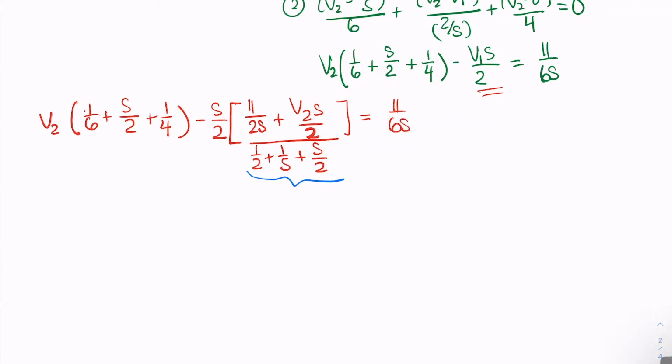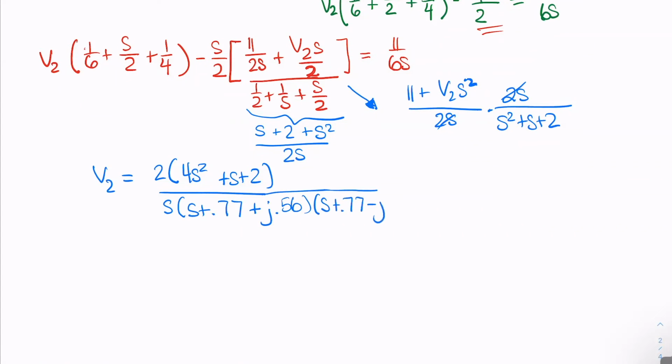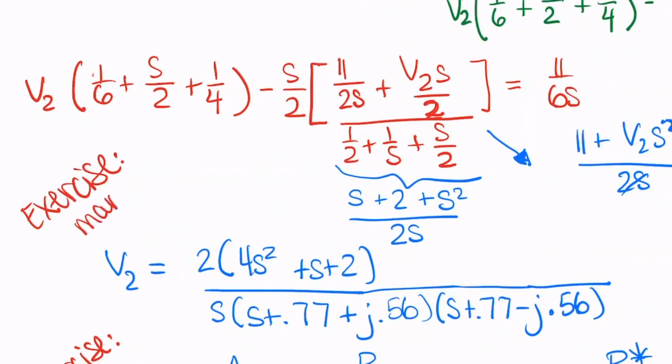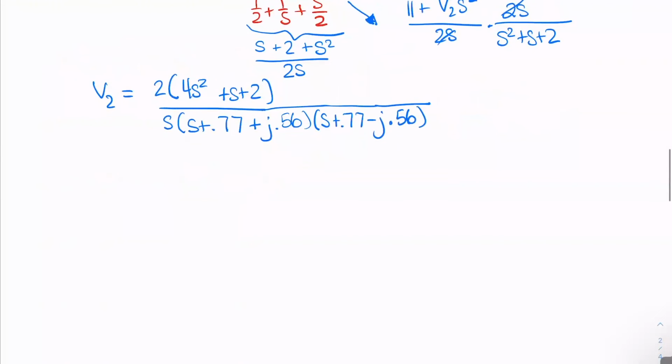So this becomes S plus 2 plus S squared all over 2S. And then I can invert that. So this becomes 2S, so add an S to get those. And then you can flip the other side. So this becomes 2S over S squared plus S plus 2. So these are going to cancel.